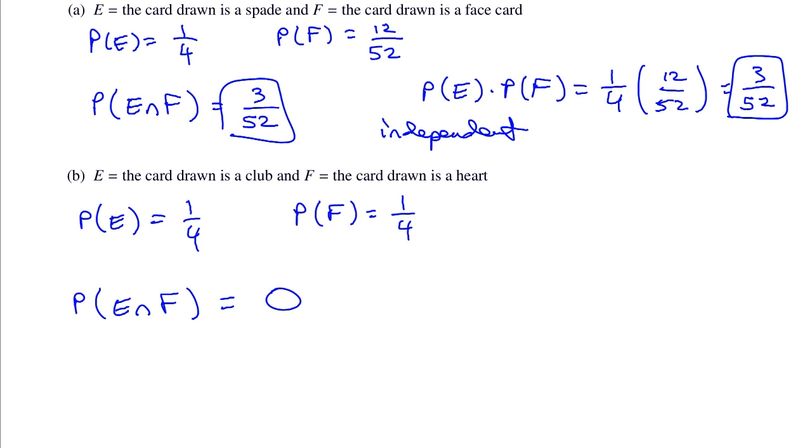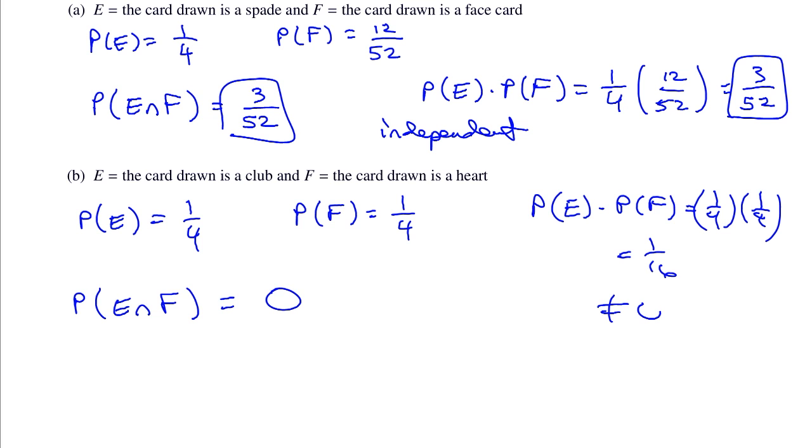That is 0. You cannot be a club and a heart at the same time. So, are these independent or dependent? They are dependent. So that's 1 over 16, which is not equal to 0. So they are dependent. Now think about what that means.